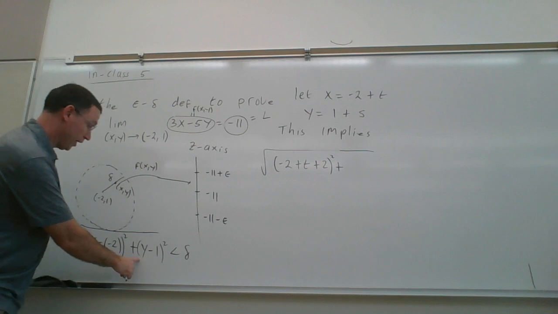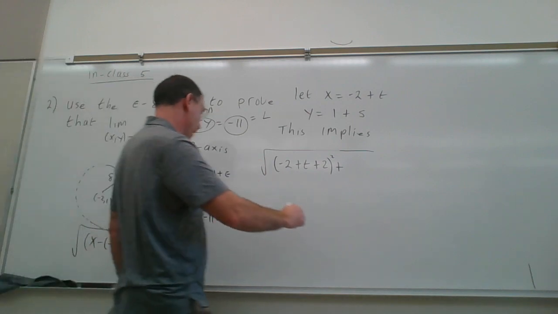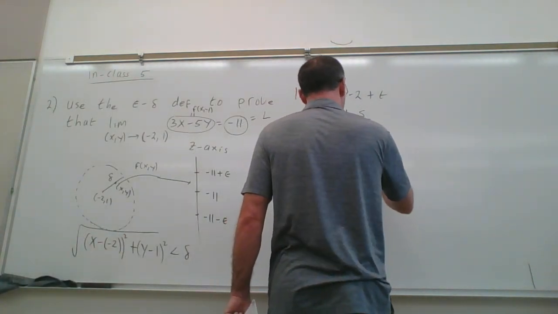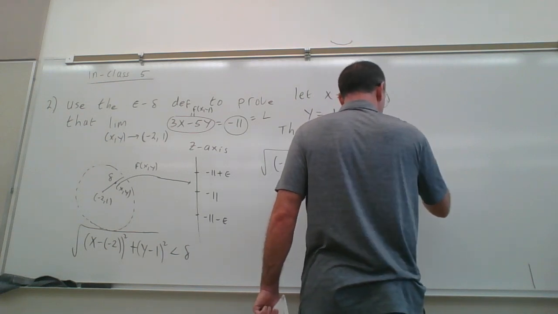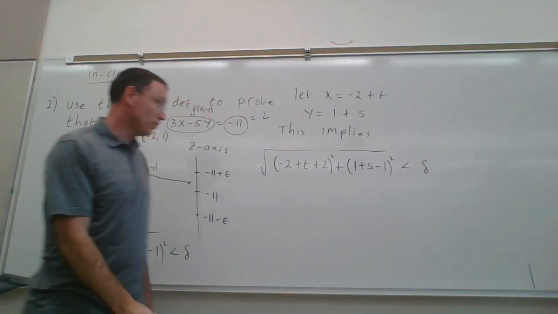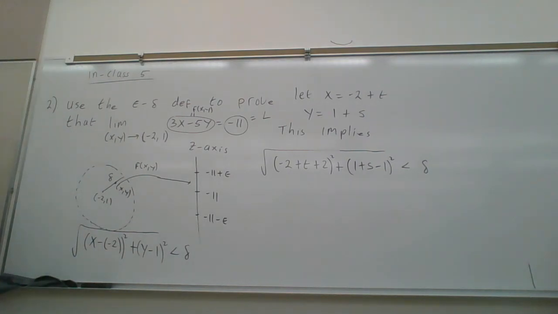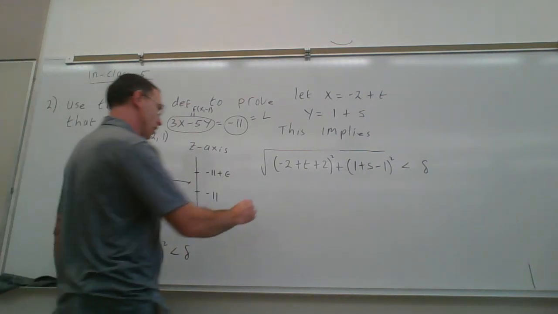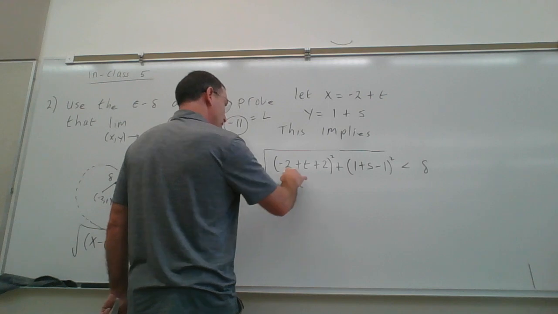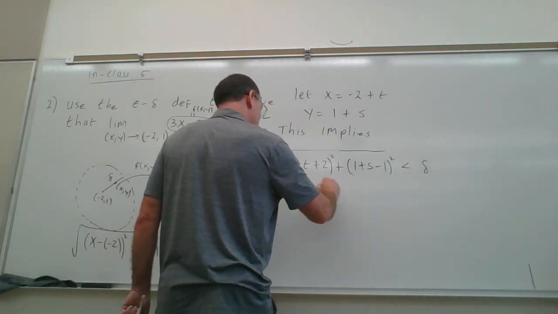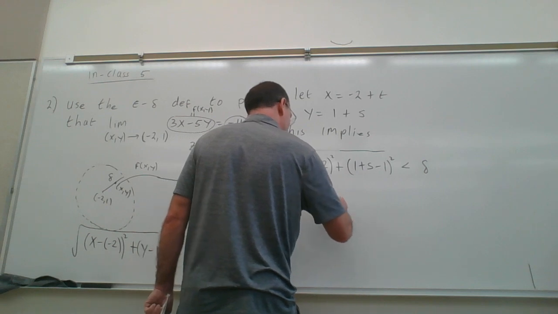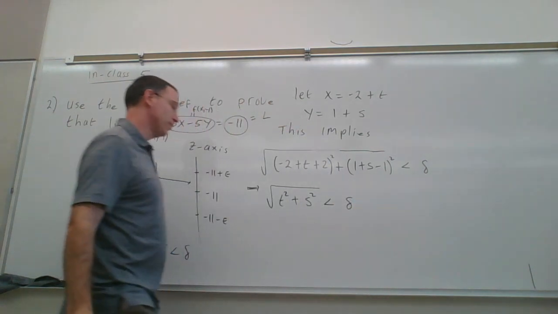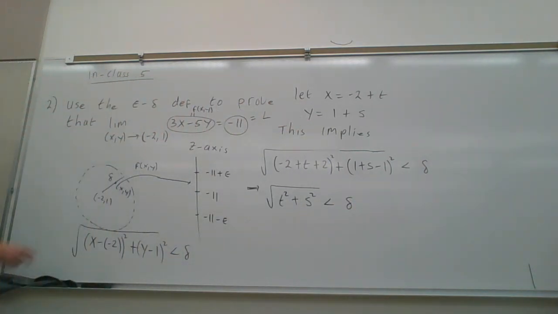Now in place of y here, we're going to stick in 1 plus s, so it'll be (1 plus s minus 1) squared. This is still less than delta. So now, if you simplify this, you can see the 2's cancel. We just get the square root of t squared plus s squared less than delta. Okay, so any point in the circle will have to have that property.